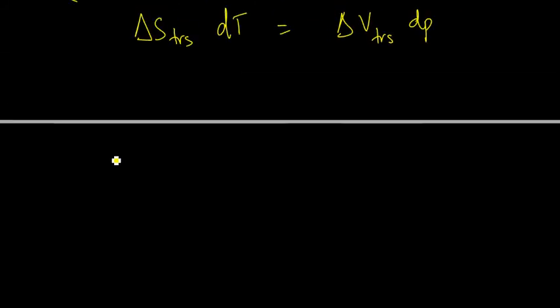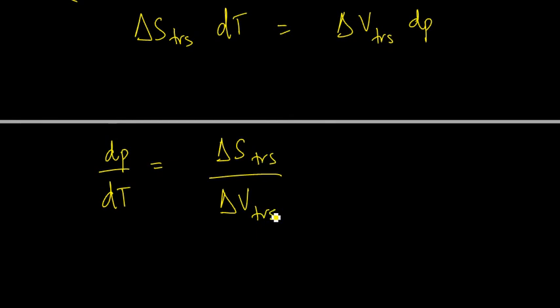So what we have then is simply dP by dT is equal to delta S of transition by delta V of transition, right? So if ever it's required, then you should remember that it's at a constant chemical potential.